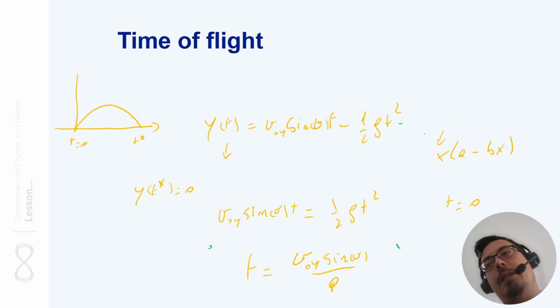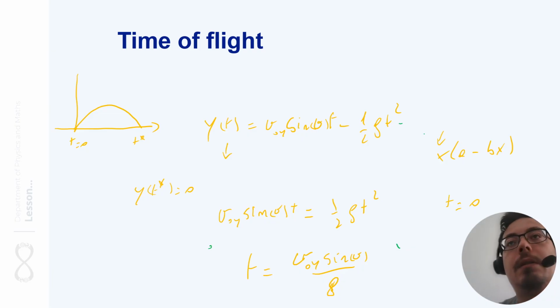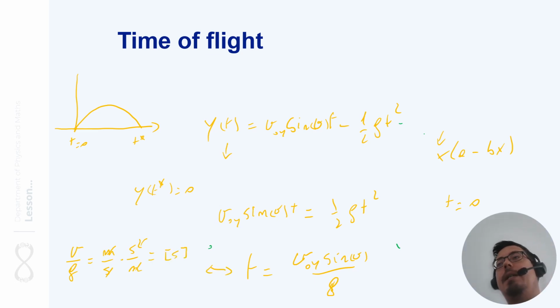And we know that this is a good time variable, because velocity over acceleration has dimensions of meters per second times seconds squared per meter. So the meters go away and the seconds cancel out, and then we have seconds. As we know, this is a proper time, which is the time of flight.